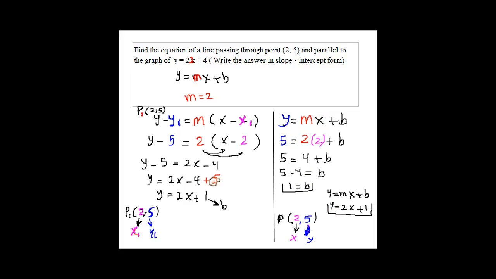I think it's less calculation, but you can use the point-slope formula like Brian suggested. But if you do that, you have to treat the given point as point 1 and substitute that. However, if I just use this given point as point P and substitute that for x and y, and I know the slope, I can solve for the y-intercept and I'm done.